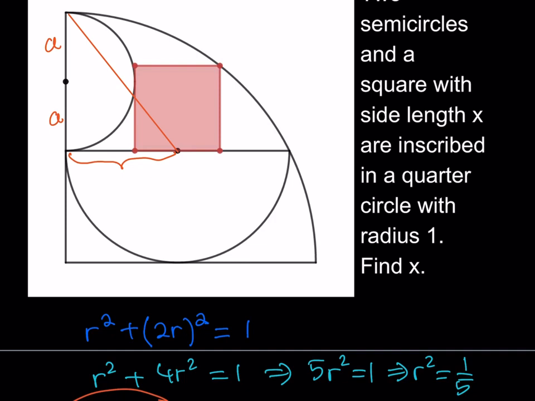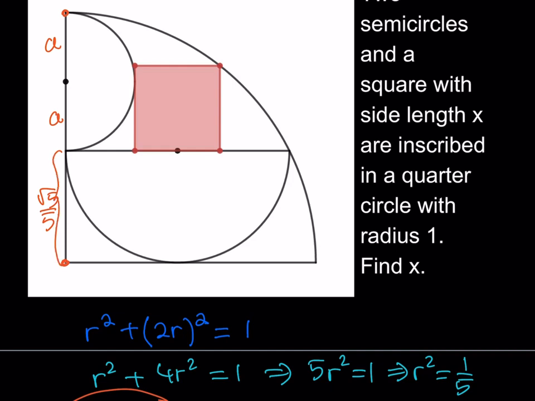What's the hypotenuse? Well, the hypotenuse doesn't seem to be something that we might know. But actually, we don't even need that. Why? Because we don't even need the Pythagorean theorem. Forget about this. Because look at this. The whole thing from this point to that point is actually 1. So this is R, which is root 5 over 5. There you go.